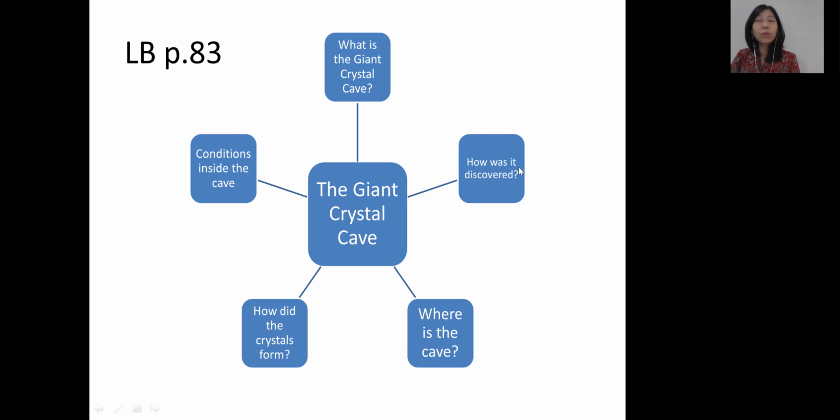And then the next, how was it discovered? Next, where is the cave? How did the crystals form? And conditions inside the cave. So this is the simple way to represent the whole text in a spider diagram. Please write this down too. Note this in your thinking journal.